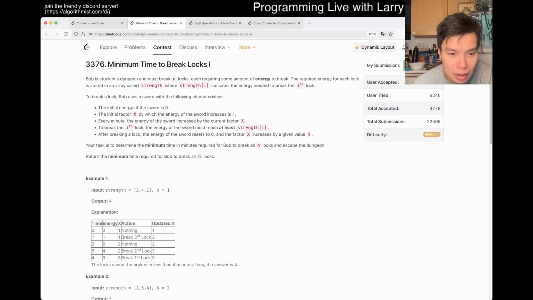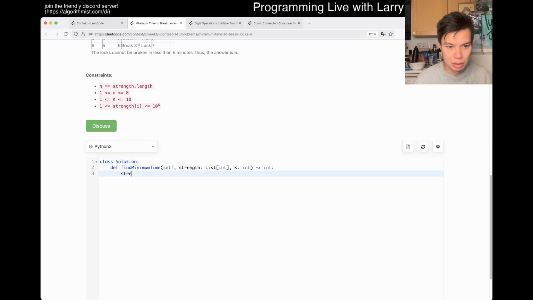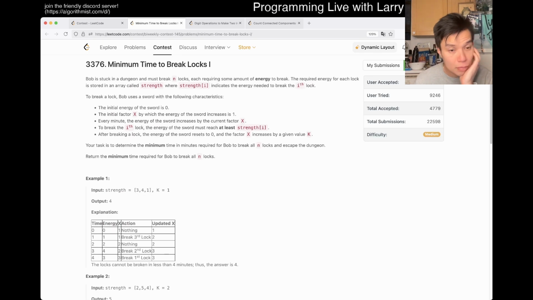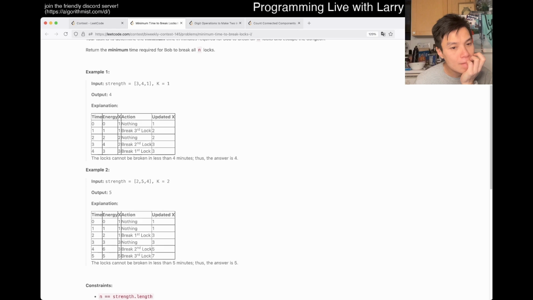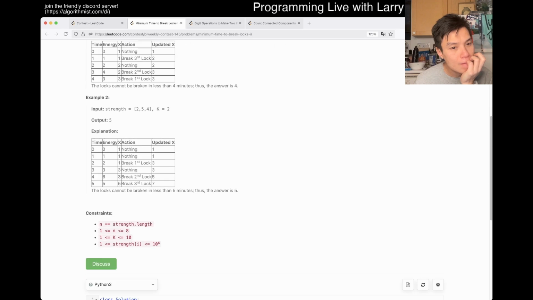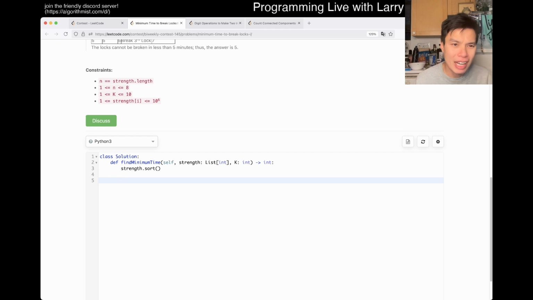Is it greedy? Has to be greedy, right? Well, n is 8 and k is 8.